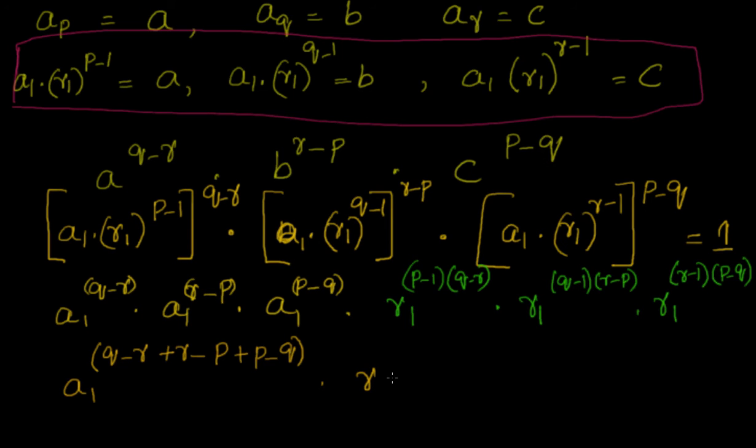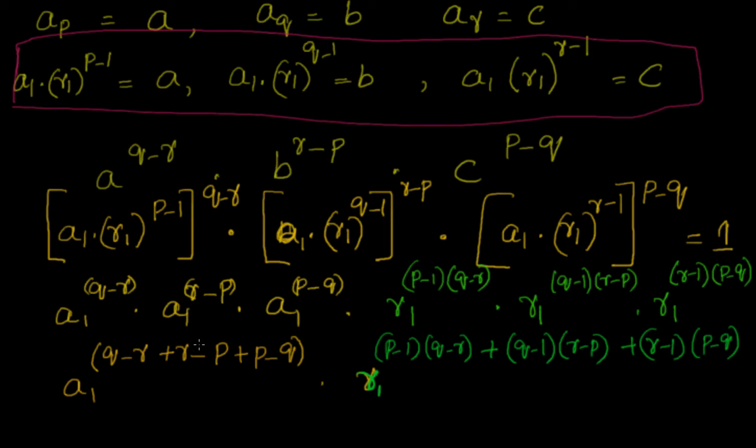Now let us look into this one. Here also I have a to the power of m into a to the power of n. So what I can do, I can add all these exponents. So I will say p minus 1 into q minus r plus q minus 1 into r minus p plus r minus 1 into p minus q.